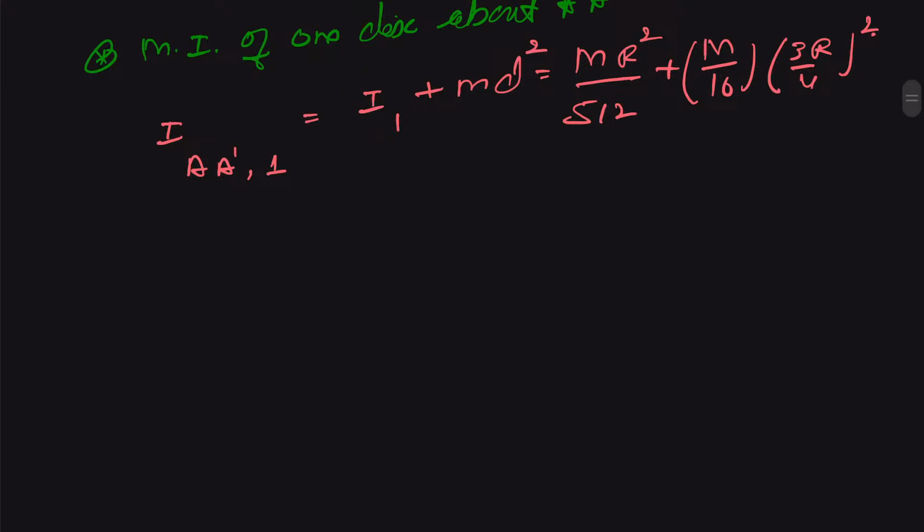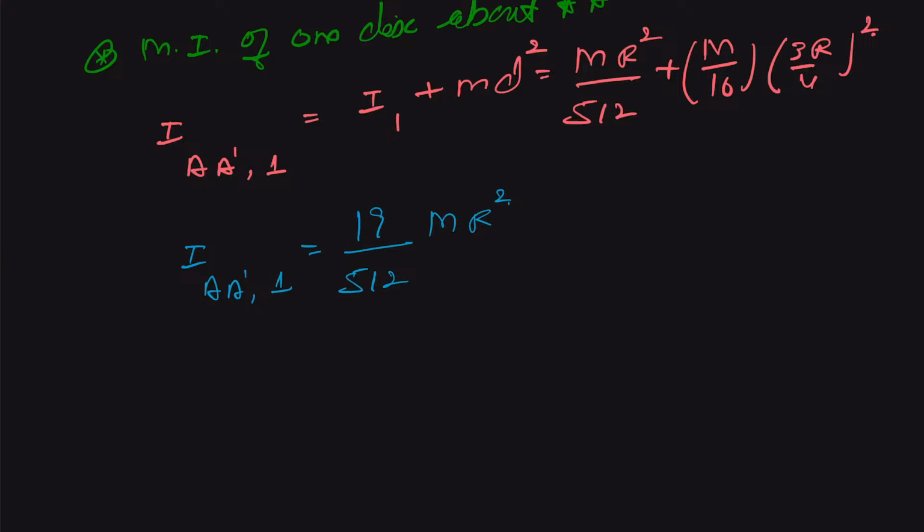Therefore we get the moment of inertia about a prime for the first disk will be equal to 19 upon 512 mr square.